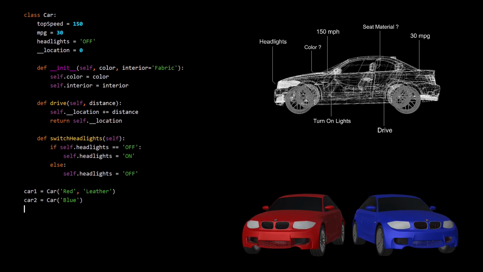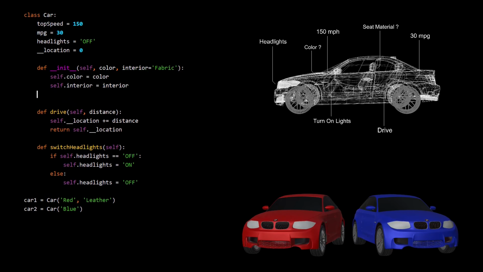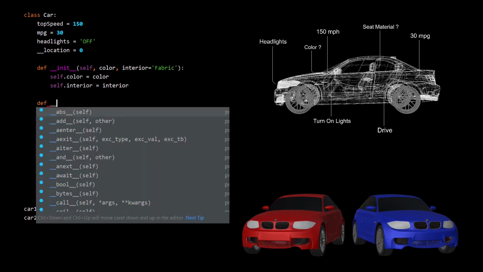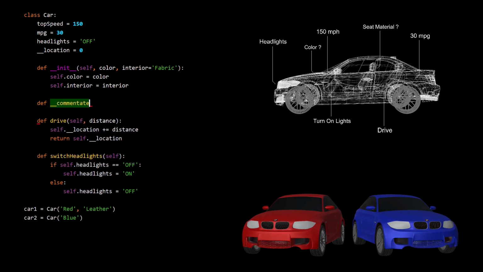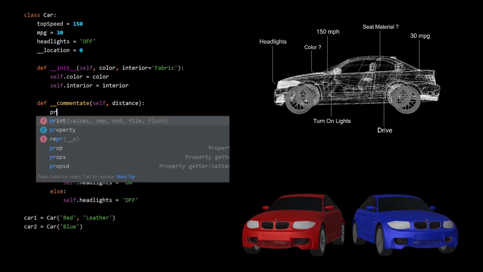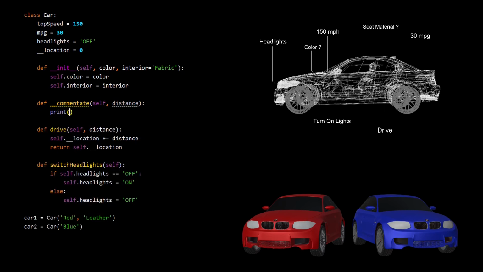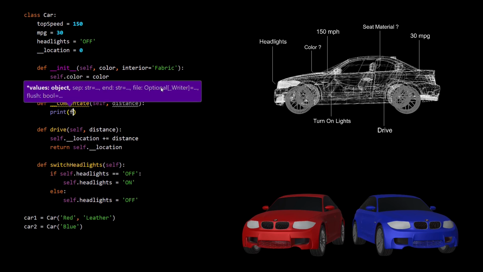The last item I want to talk about is private methods. Similar to private attributes, if we add 2 underscores before the name, Python considers that private. For example, for this commentate method, I want to announce how much each car drove when they actually drive. So I will call this method from within the drive method, which is a public method.